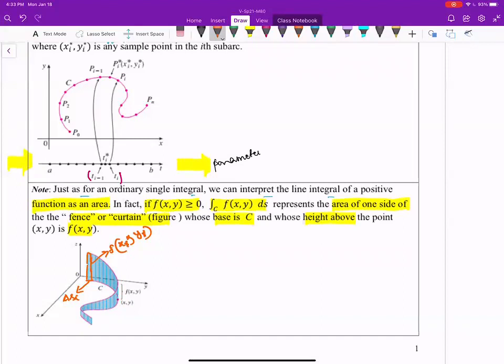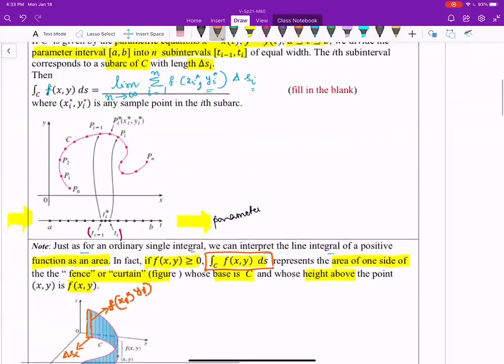So you are multiplying the height by the width, so that becomes the area. And you are doing this for every sub-arc, so you get a number of rectangles like this. That becomes a Riemann sum. A Riemann sum can always be translated into an integral. So we have the integral over C of f of xy ds, which is the line integral with respect to the arc length.